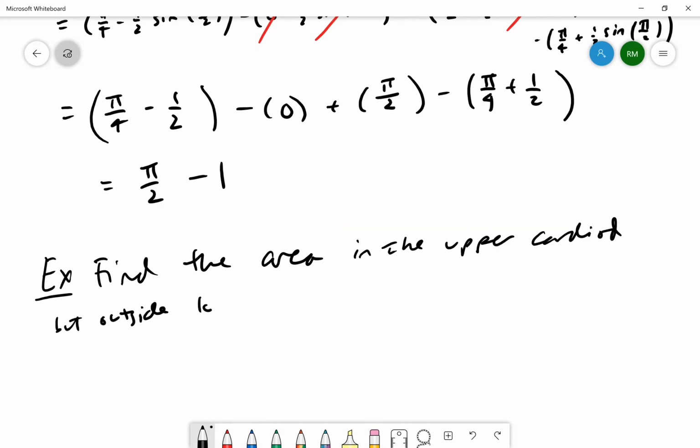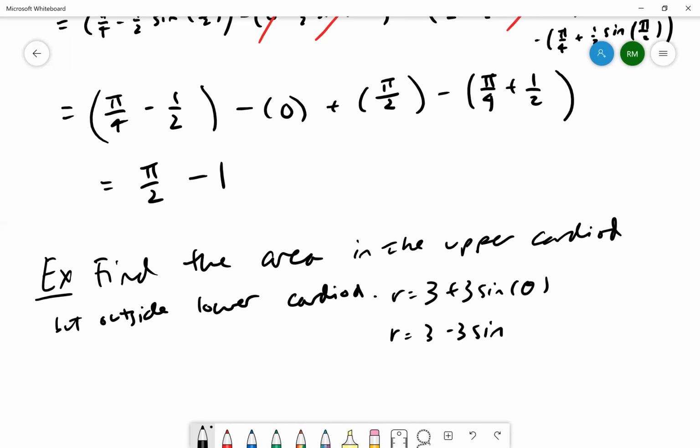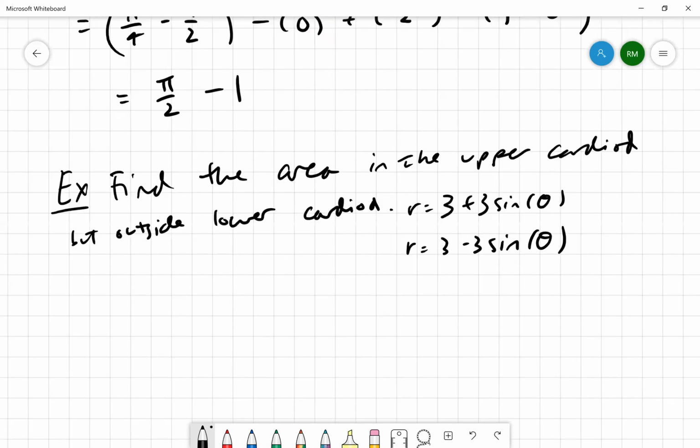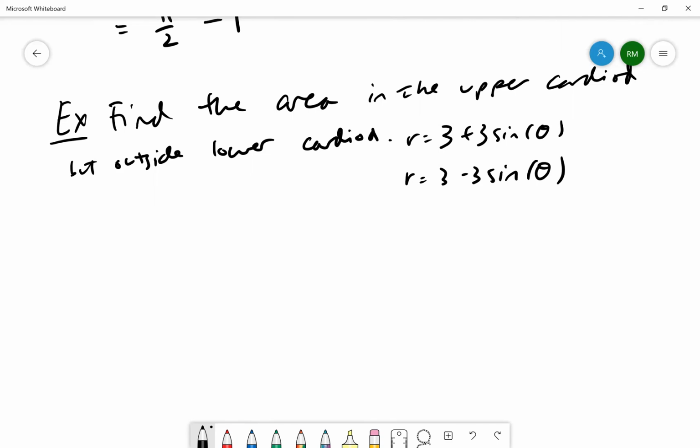So that we have two graphs, r equals 3 plus 3 sine theta, and r equals 3 minus 3 sine theta. The graphs of those two cardioids should look something like this.